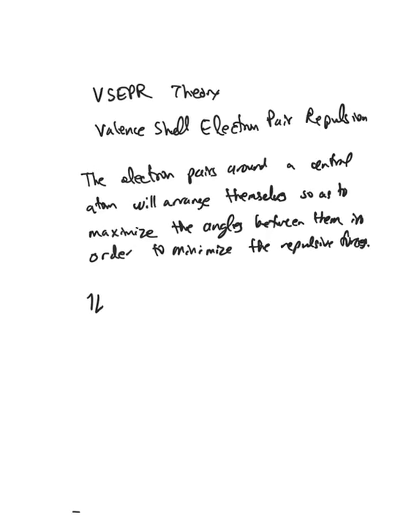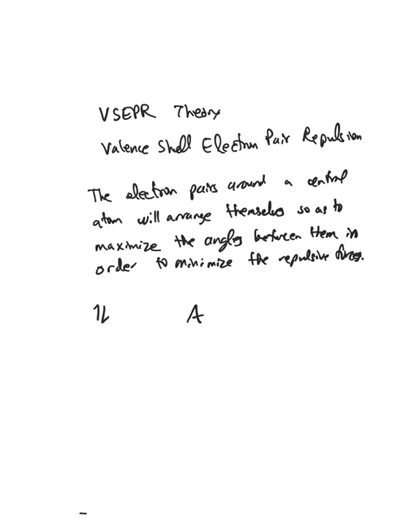And so the simplest example: if we have some atom A bonded to two mythical atoms B, we've got two pairs of electrons, those two bonds.